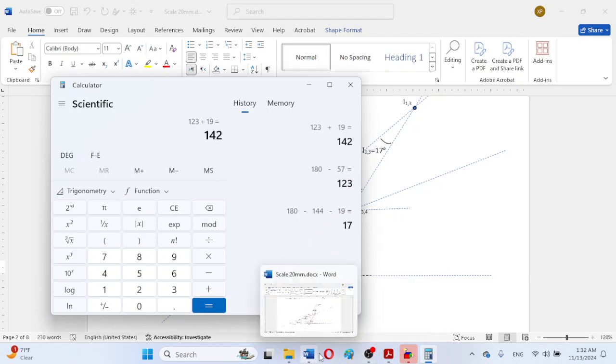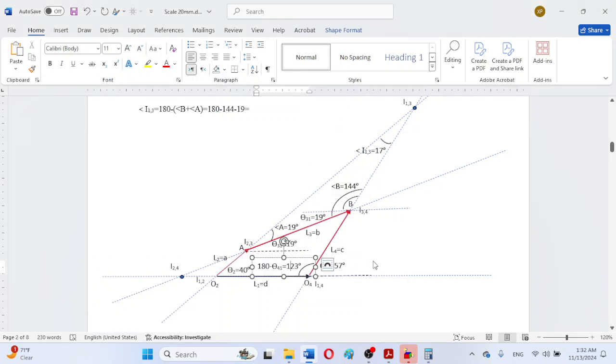So analytically, as we can observe, the angle becomes 142 and our angle from direct measurement is 144. So there is a 2 degree variation or discrepancy, so that is allowable.